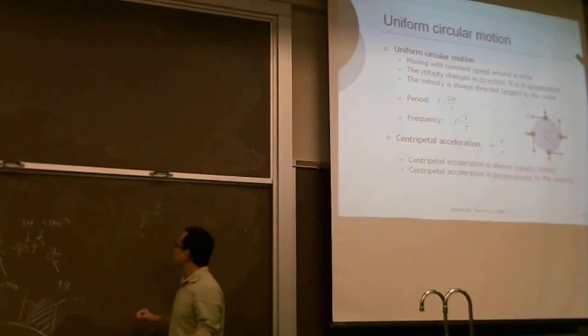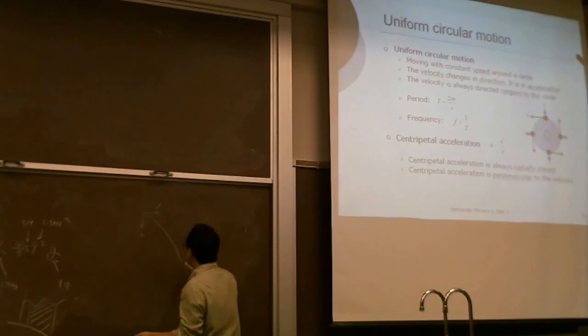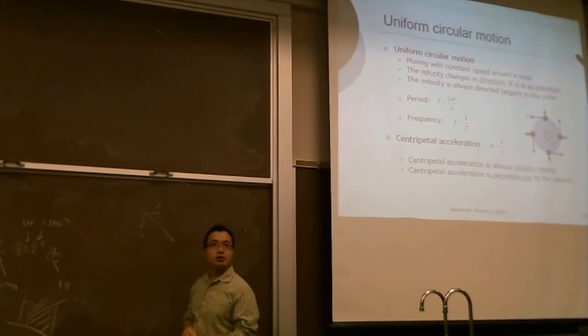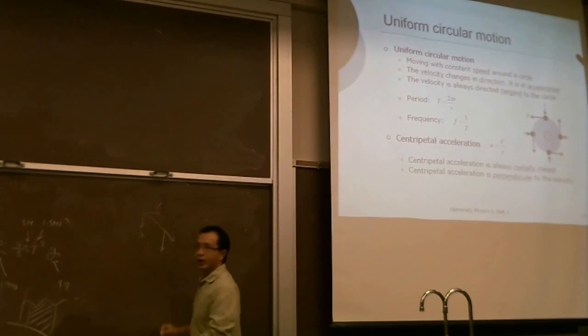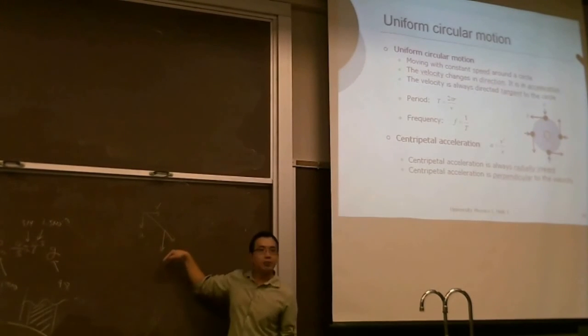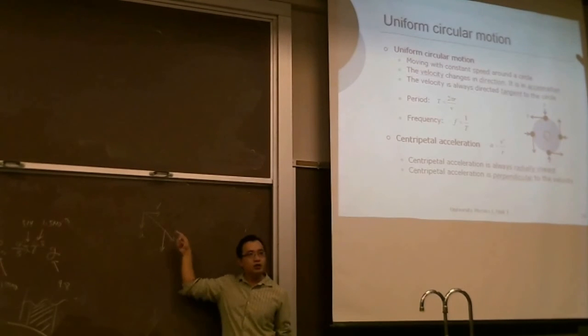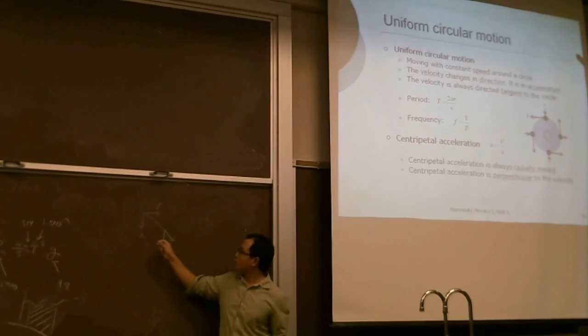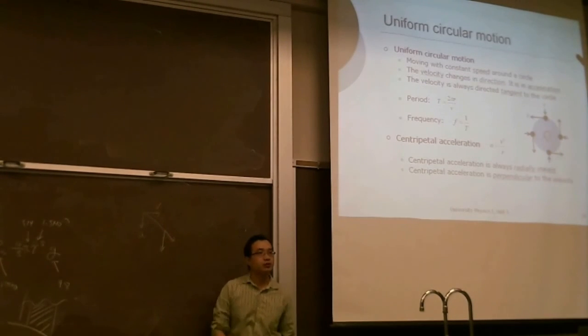But after some later time, the velocity becomes this direction, but the acceleration is still in this direction. So now it's not perpendicular anymore. It has both a perpendicular component and a parallel component to the velocity.